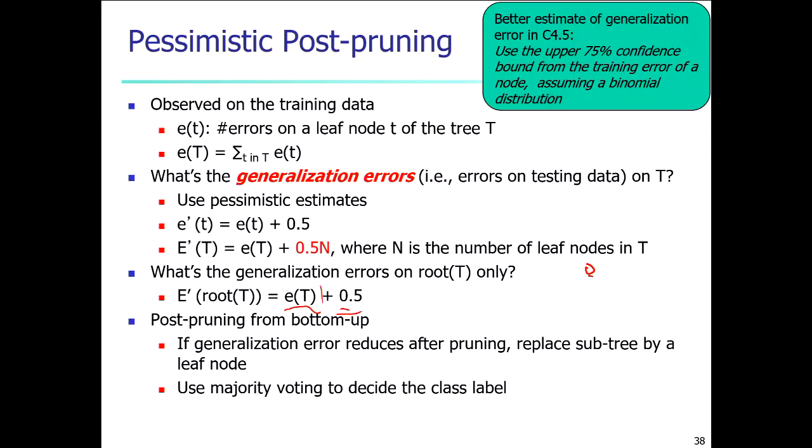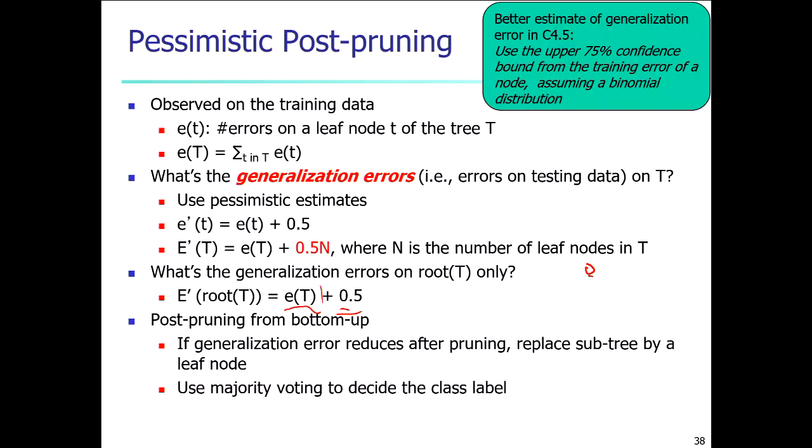Then we do the post pruning from bottom to up. For each internal node, if the generalization error reduces after we do the pruning, yeah, we'll see an example later.